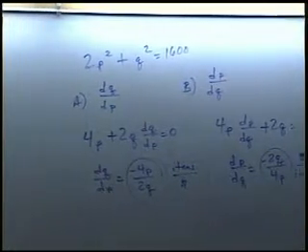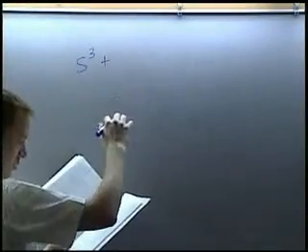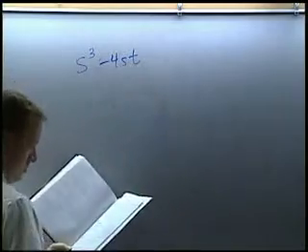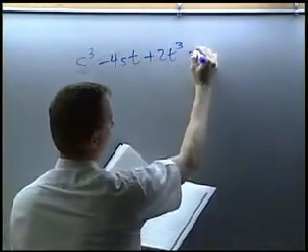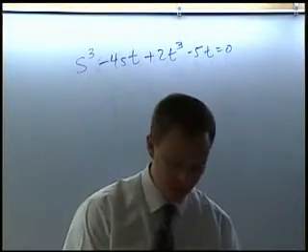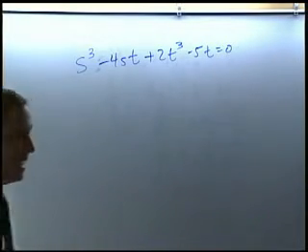This is an application from physical sciences here. s cubed minus 4st plus 2t cubed minus 5t equals 0. Okay, so here's our function. It says the position of a particle at time t is given by s.